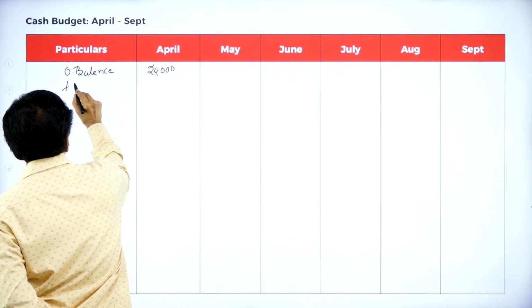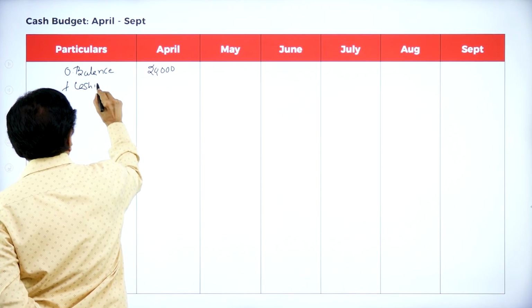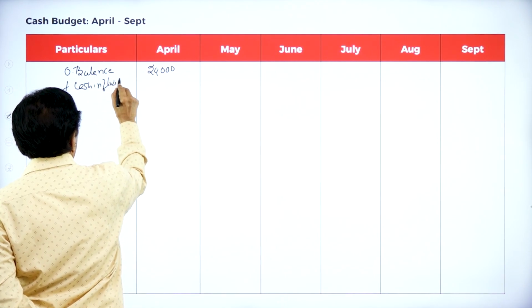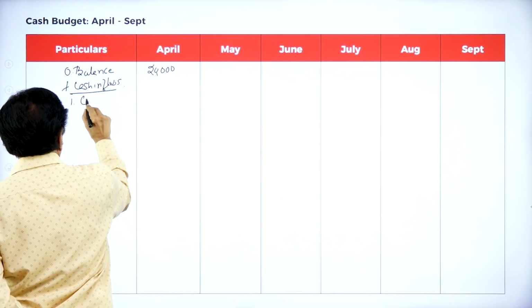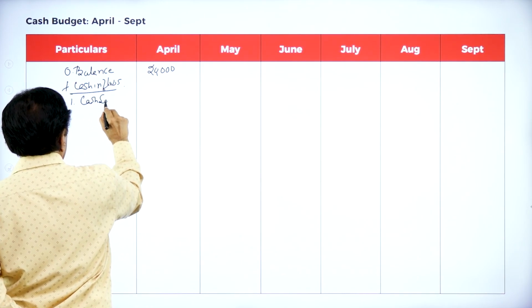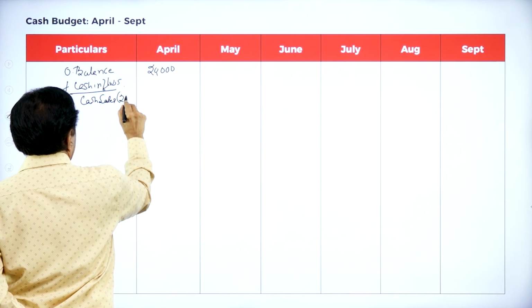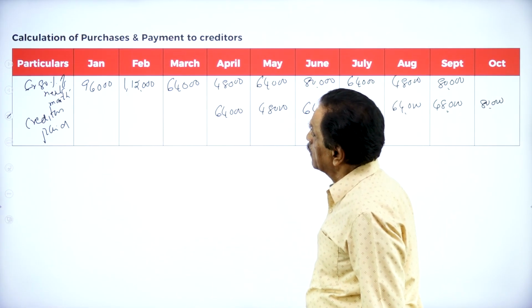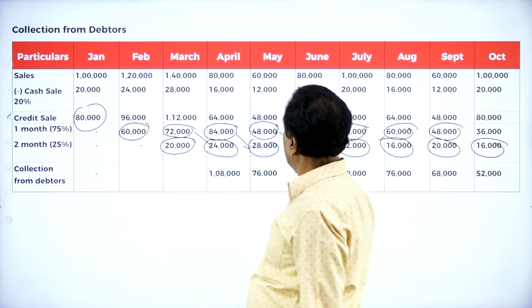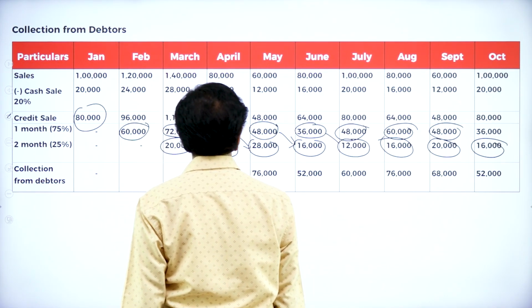Add cash inflows. Number 1, cash sales, 20%. April cash sale is 16,000.